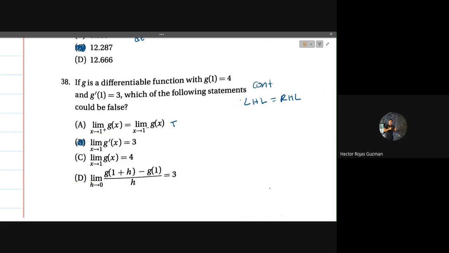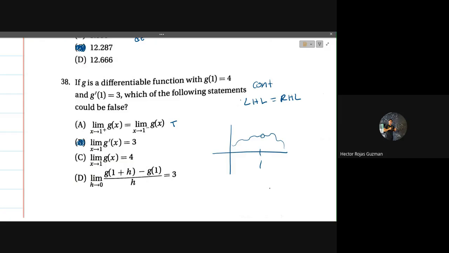Is it true? I don't know what the function is doing, so I'm just going to sketch this. The left-hand limit, even if it's open, the right-hand limit will be the same.